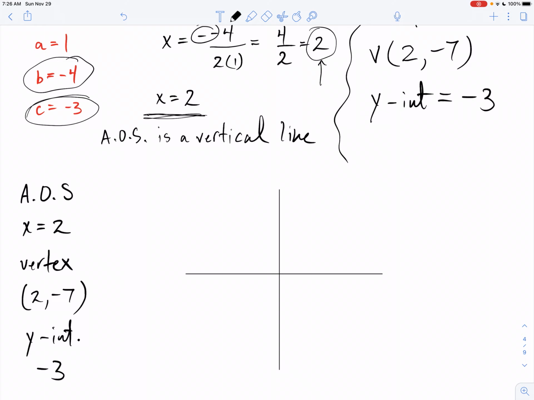And I know that if I go 2 to the right, I'll have to go down 1, 2, 3, 4, 5, 6, 7 units. There's my vertex. My y-intercept happens to be at negative 3.